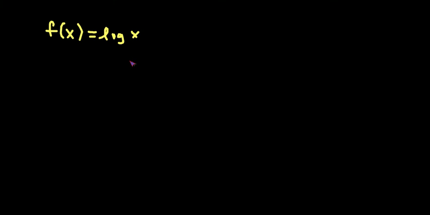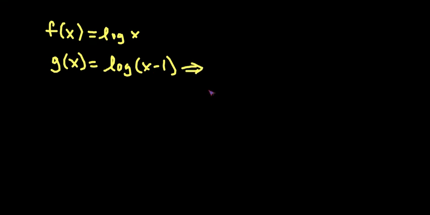If all of a sudden we say find g of x and graph it, if it's log of x minus 1, we're going to use the same concepts as before. It's inside the parentheses with the x, so we think opposite, and we take that original graph for log base 10 of x and move it right 1. So all the x values get 1 bigger.